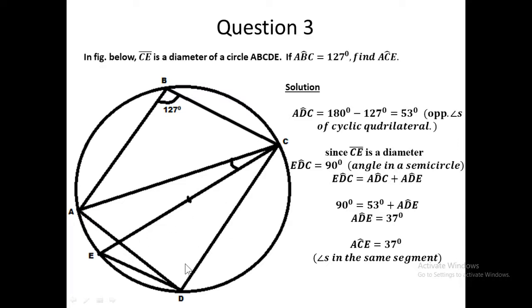Also, you can see that there's a relation between this angle D here and this angle 127. There's a relation between this angle ADC, this angle here, and this angle 127. Because this line, 1, 2, 3, then 4, this is a cyclic quadrilateral now. I know that opposite angles in a cyclic quadrilateral are supplementary because they add up to 180 degrees.